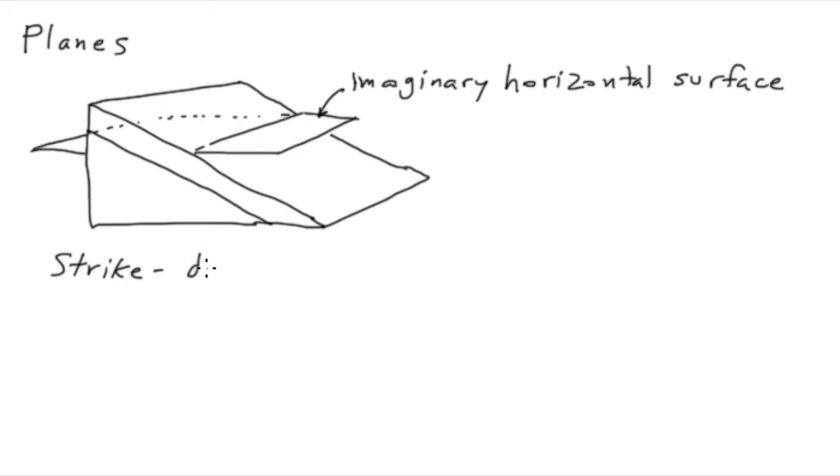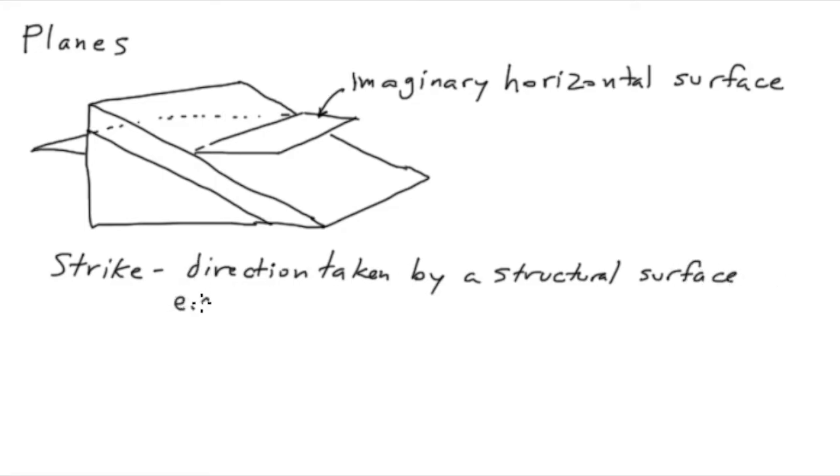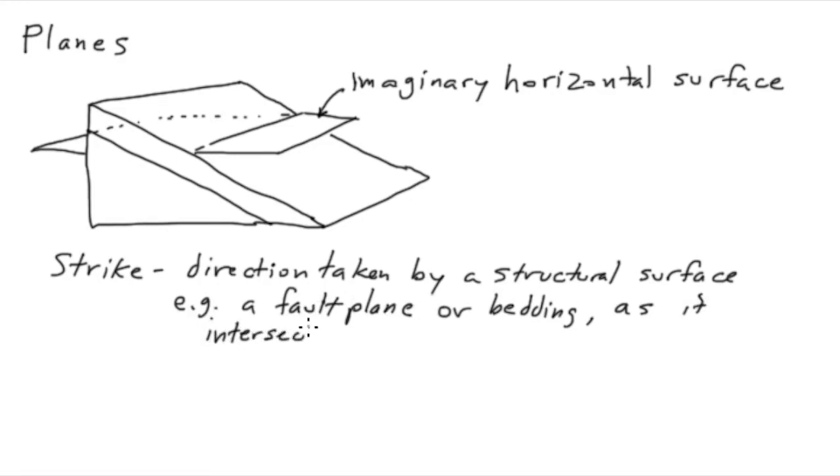So the strike is the direction taken by a horizontal, actually by a structural surface, for example a fault plane or bedding, bedding being the original sedimentary layering, as it intersects the horizontal.